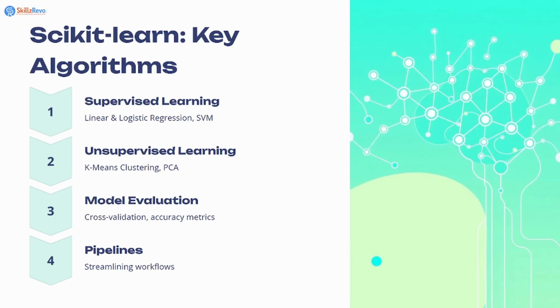Next, these are Scikit-learn's key areas: supervised learning, unsupervised learning and model evaluation. Supervised learning is the kind of learning where we know the answer to that particular question, where we have the target value, which we call a label.